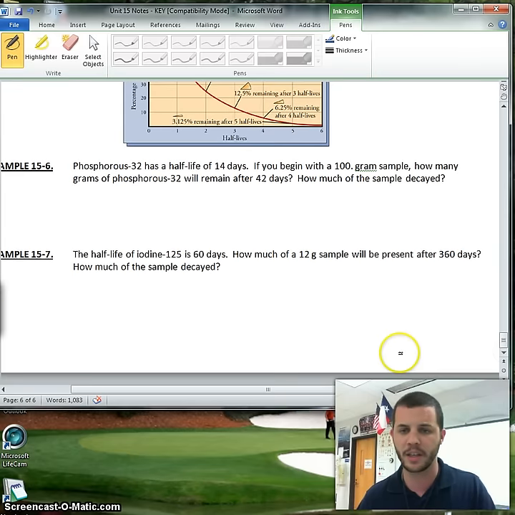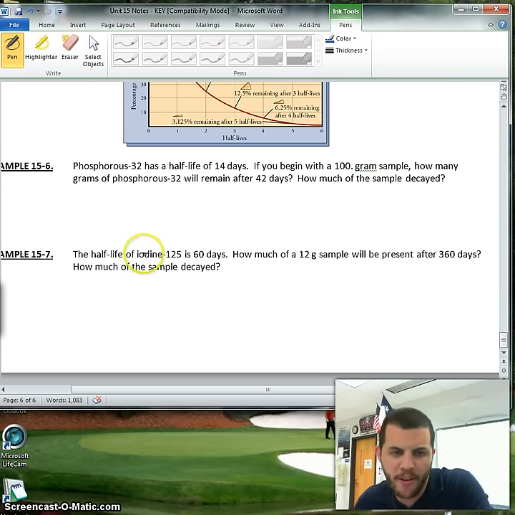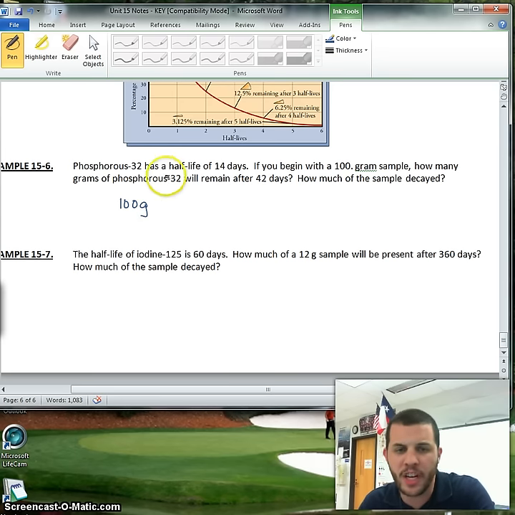So let's take a look at these two problems. In example 15-6, we have phosphorus 32 has a half-life of 14 days. It says that we're going to begin with 100 grams of this sample, and it wants to know how much phosphorus 32 remains after 42 days.